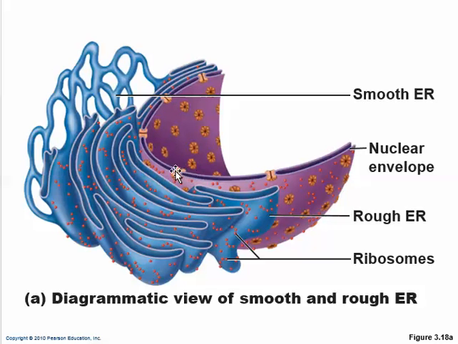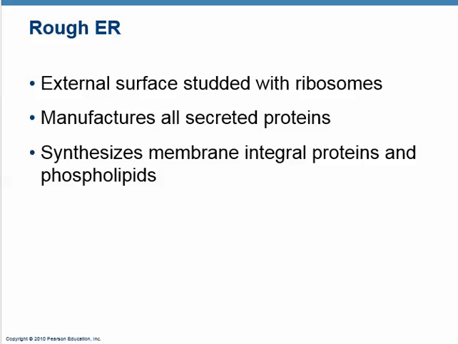All these little pores open up into this endoplasmic reticulum, and this is where these proteins get synthesized. In the smooth ER, other chemical reactions happen. So any protein that's going to be secreted or is non-soluble will probably be made on rough ER.